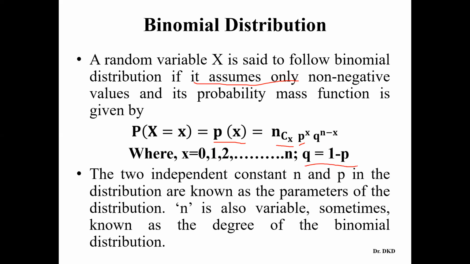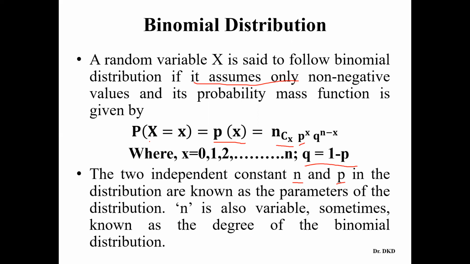The two independent constants here, n, the number of trials, and p, the probability of success, are known as the parameters of the distribution. n is also sometimes known as the degree of the binomial distribution. So binomial distribution is a discrete probability distribution.